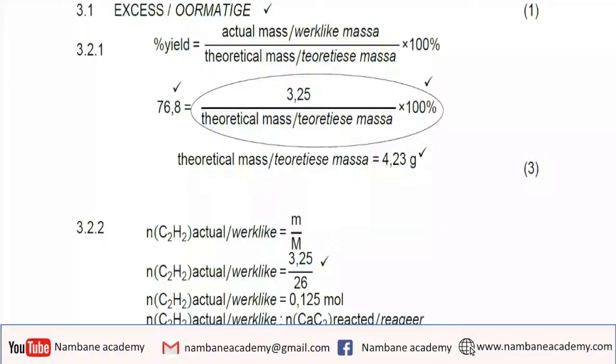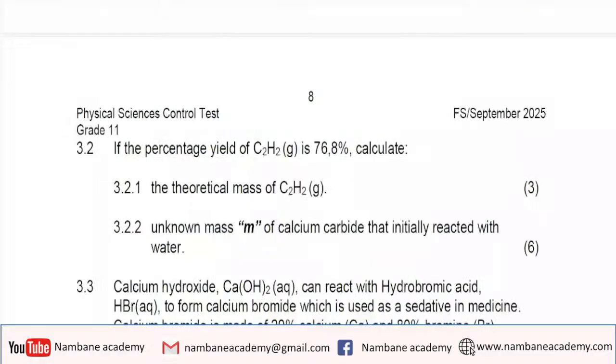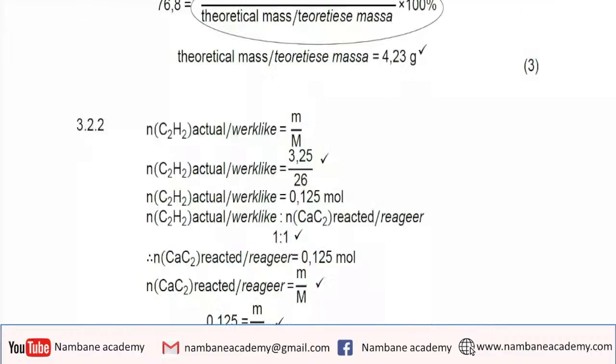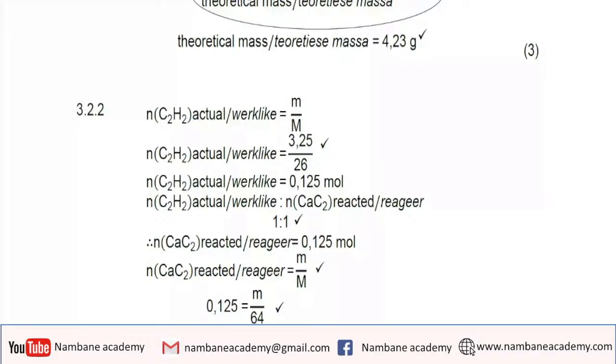And then we move to 3.2.2. You need to calculate the unknown mass of calcium carbide that initially reacted with water. And then on the memo 3.2.2, for the ethine, we start by calculating the number of moles that were there initially.